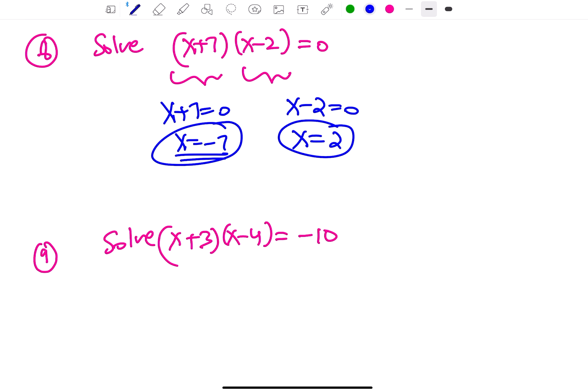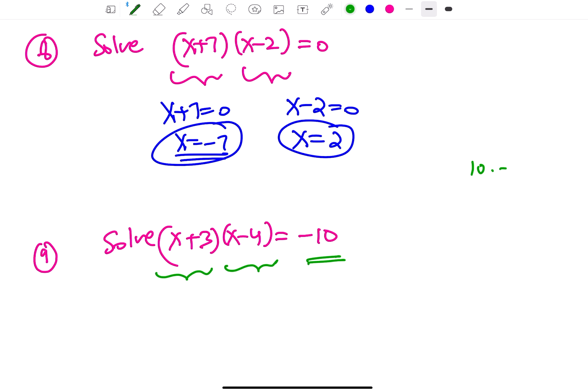For the next example, we cannot simply say that either the first factor is equal to negative 10 or the second factor is equal to negative 10. Because on the right hand side, we don't have 0, we have a negative 10. And there are multiple ways you can have two things multiply to give you negative 10.